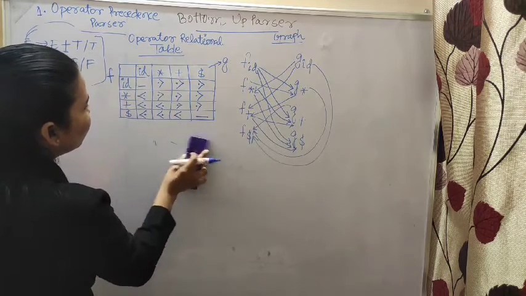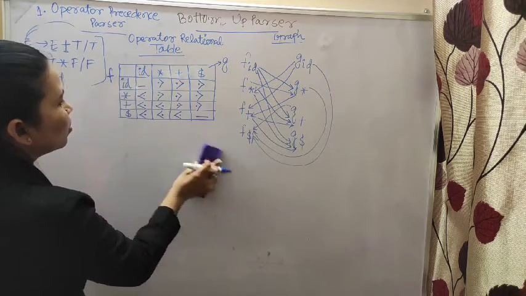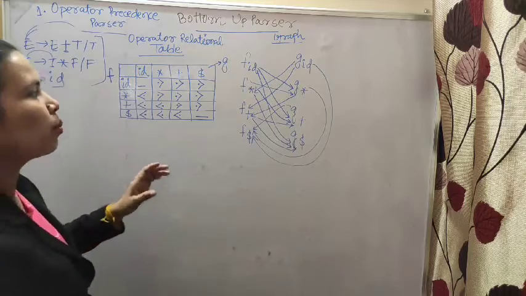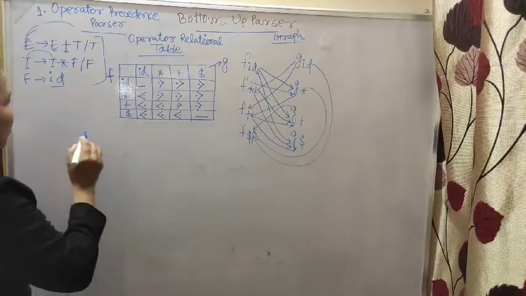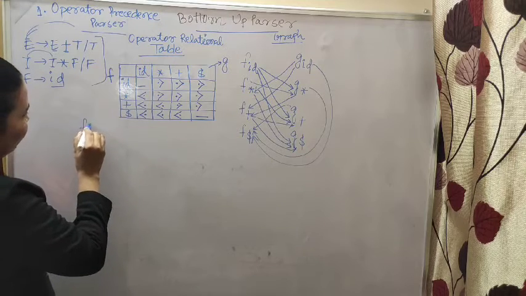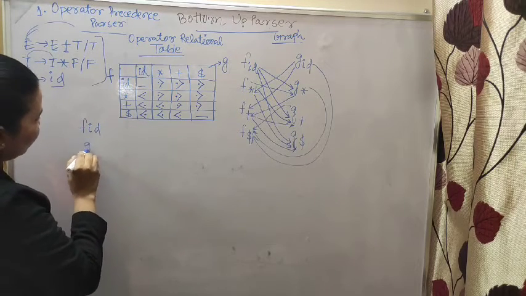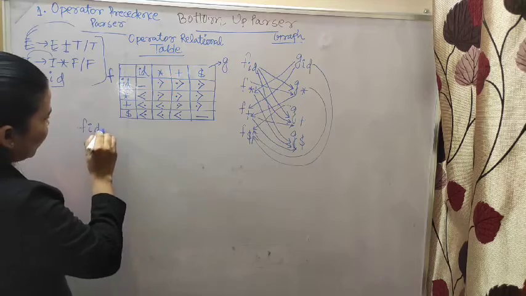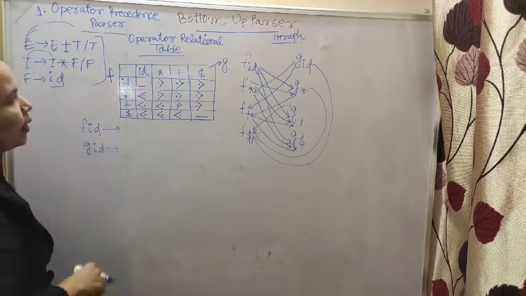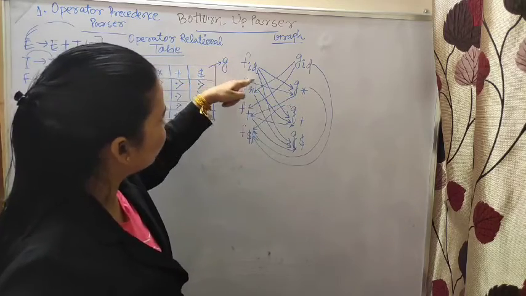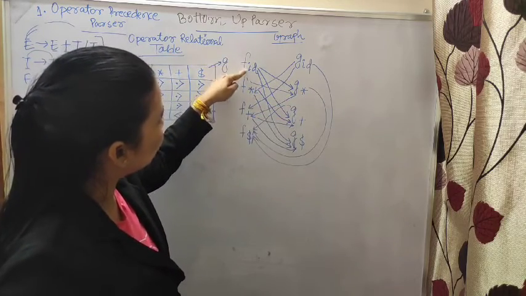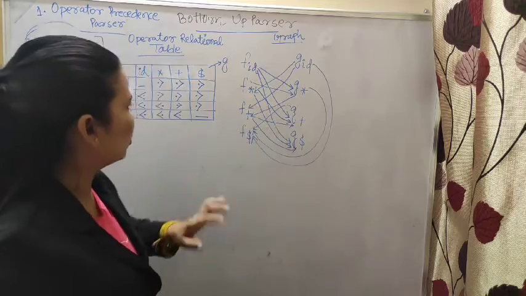Now from the graph we can find out the longest path of these operators. First we write FID and another one GID. Let's see what happens. FID is going to G star, G plus and G dollar.